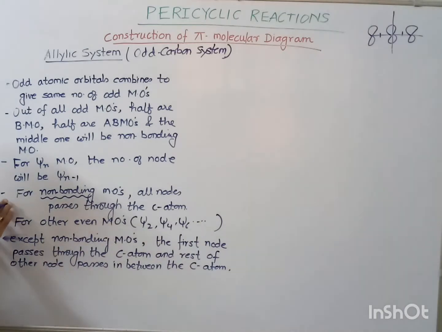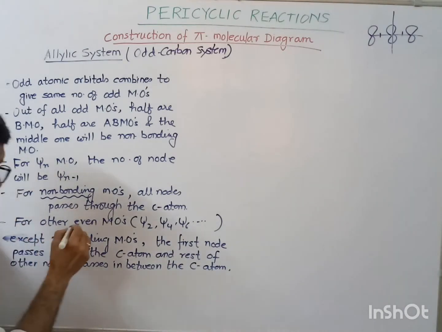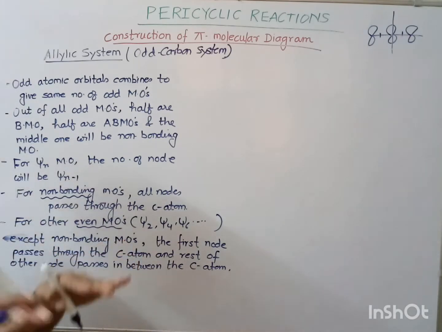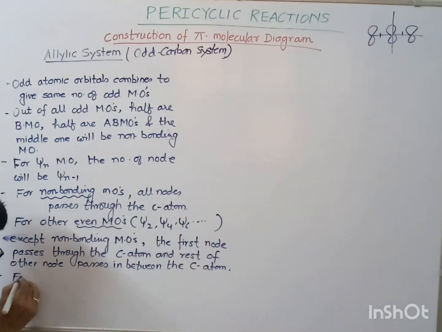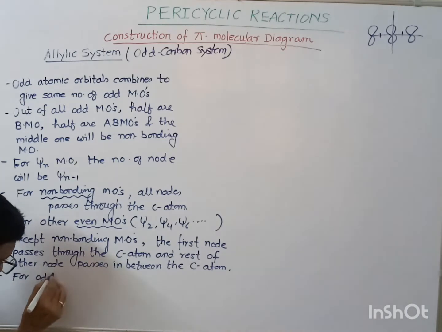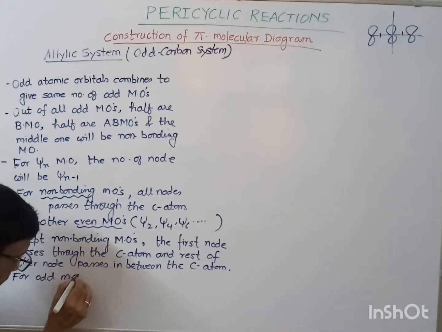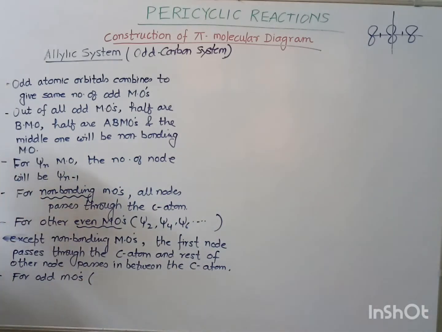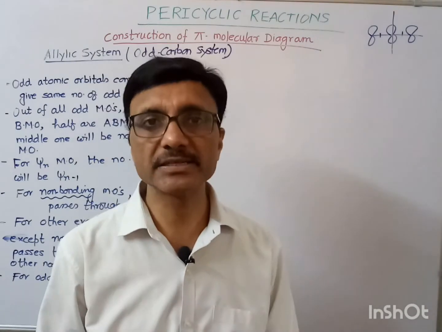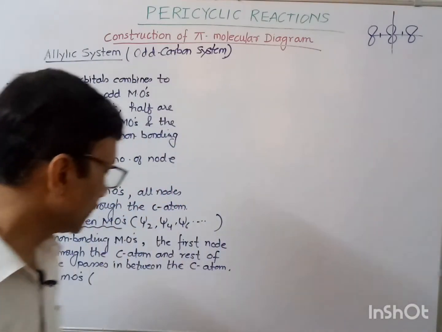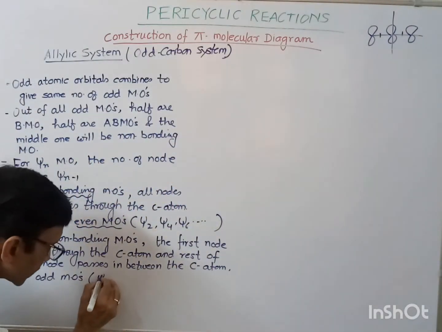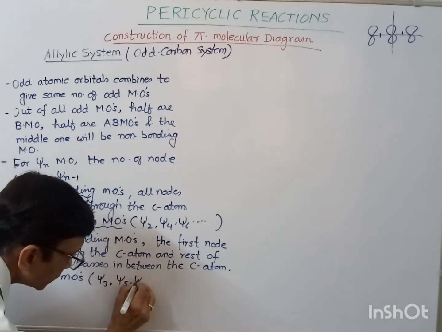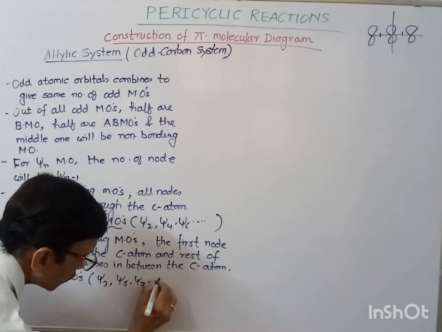So this is the rule for non-bonding, this is the rule for even molecular orbitals, and the next rule is for odd molecular orbitals. For odd molecular orbitals, no doubt the first molecular orbital doesn't have any node. For example, it may be psi 3, psi 5, psi 7, and so on.